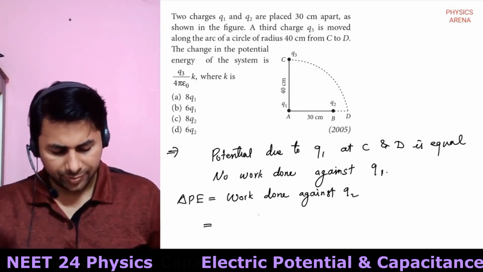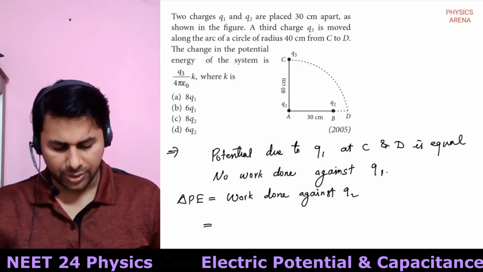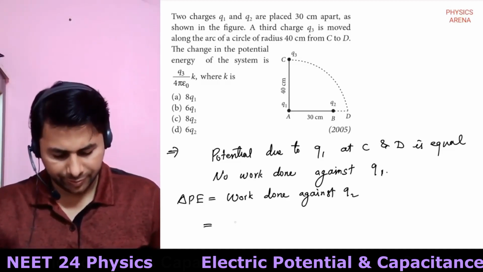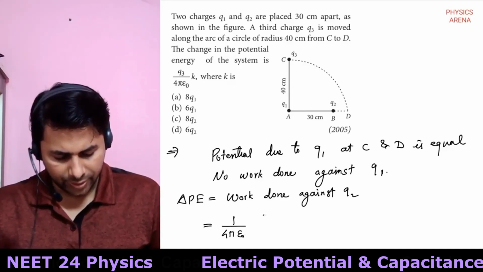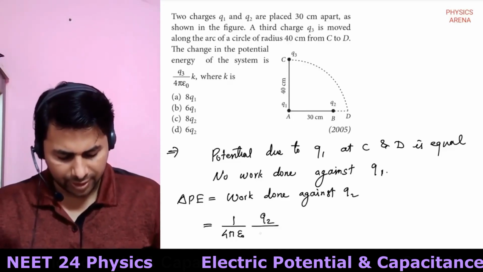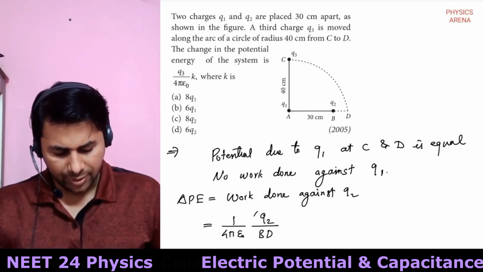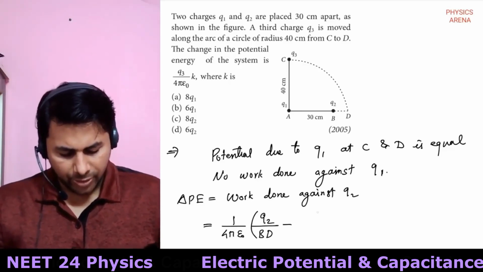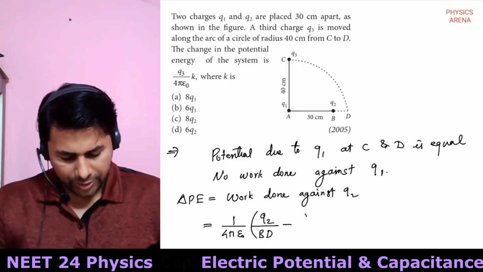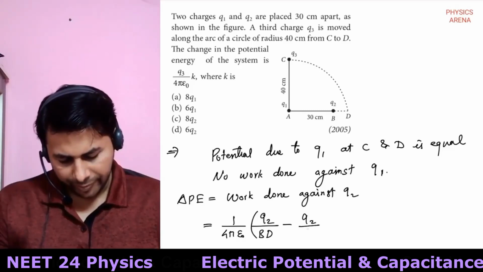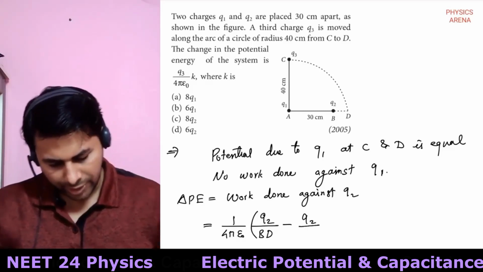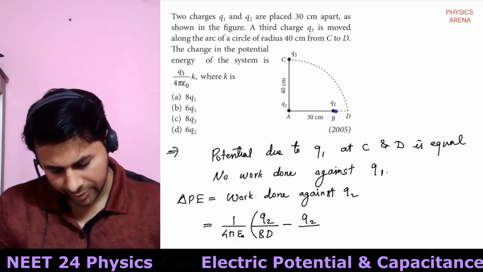How much is that? So potential of Q2 at the final point: 1 upon 4 pi epsilon naught multiplied by Q2 divided by distance BD, minus potential at the initial point, that is Q2 divided by, oh, the initial point is this one, right? So it is BC.